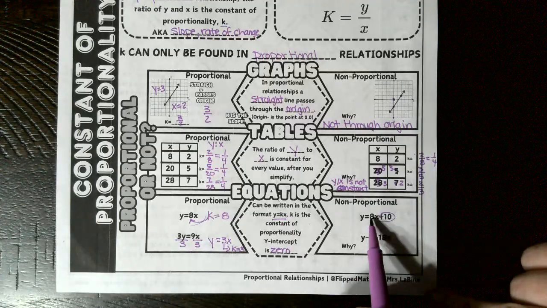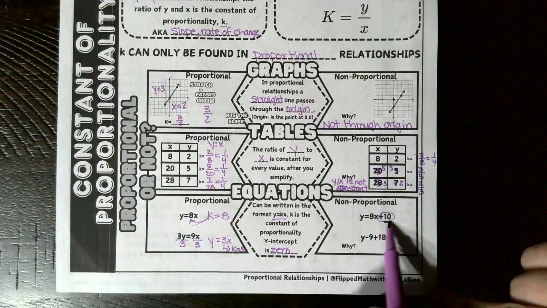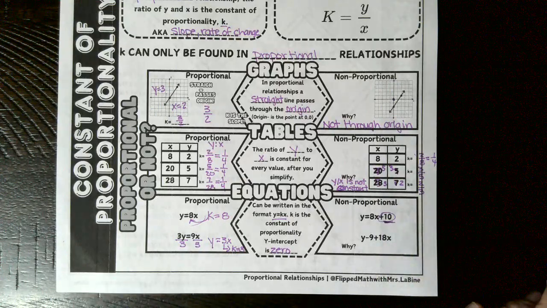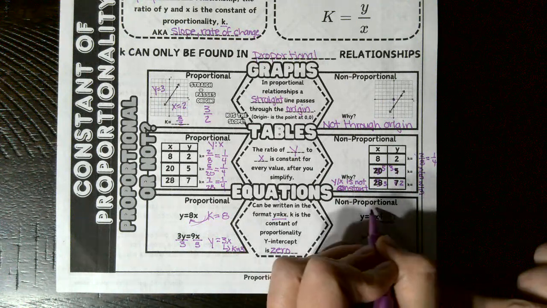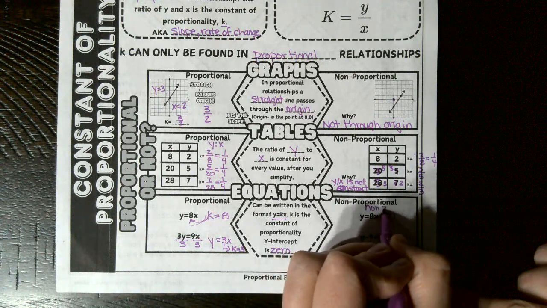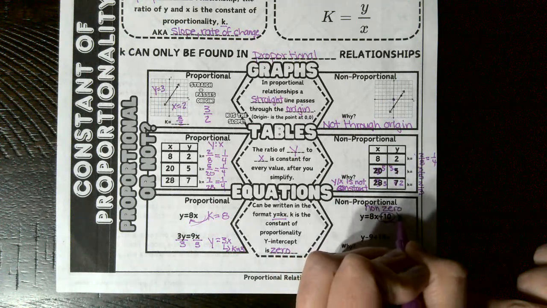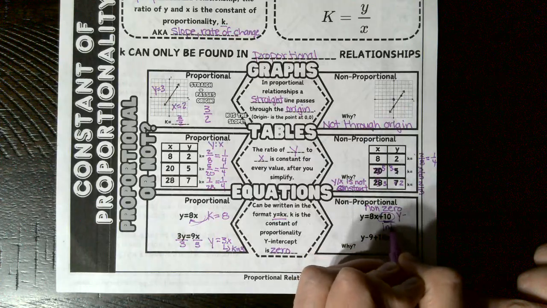But this number right here is called the y-intercept. And we don't want to have a y-intercept in a proportional relationship. Okay, so because this number sits here, this is a non-zero y-intercept.